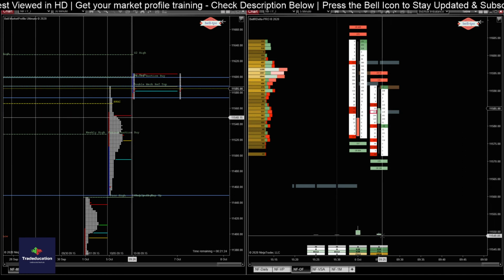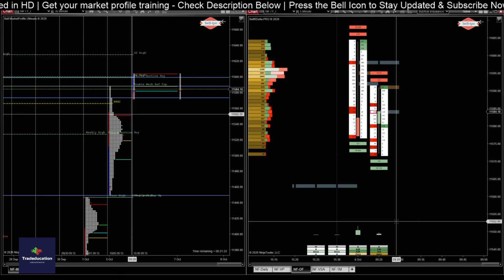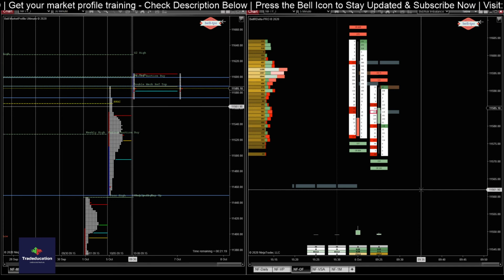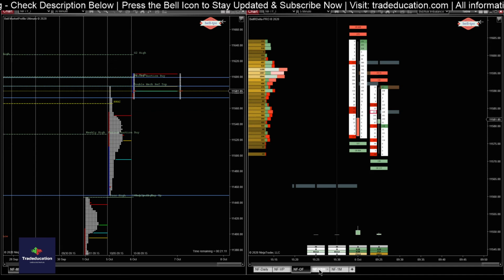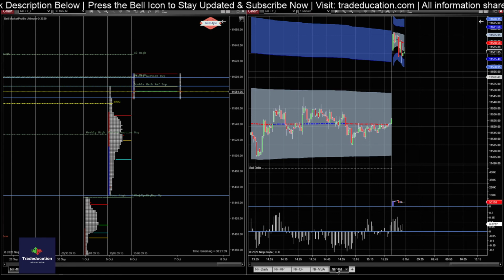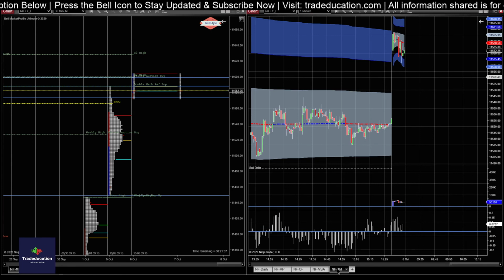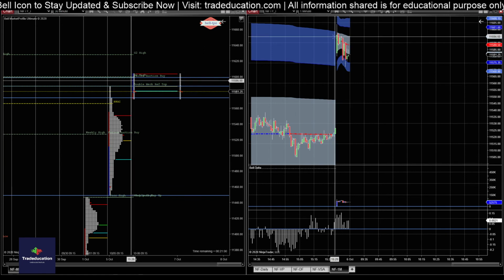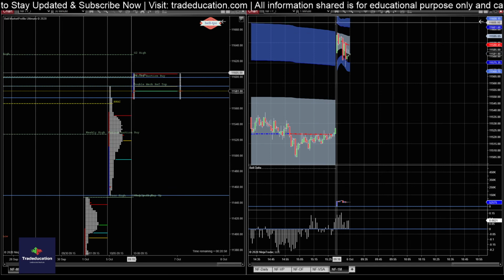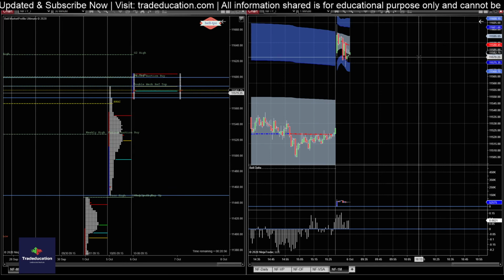Delta is positive, but there is a divergence seen. So good wick here, that's good excess.